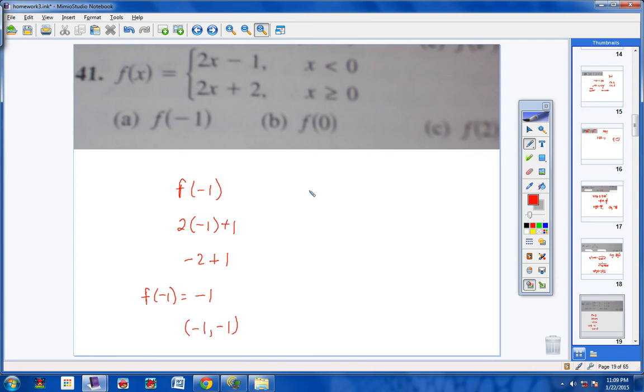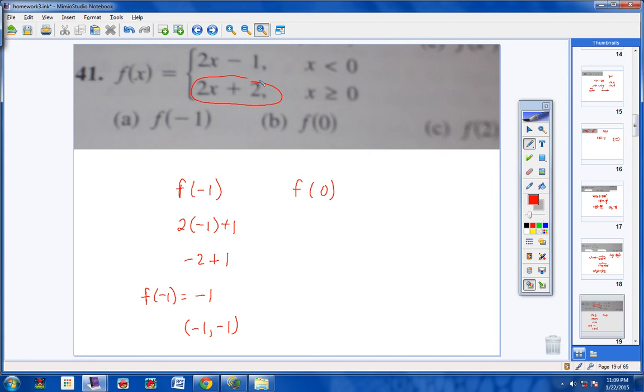Okay, now let's go ahead and evaluate f of 0. Now x is less than 0, so I cannot use this equation here. However, here x is greater than or equal to 0, so I can definitely use this equation here.